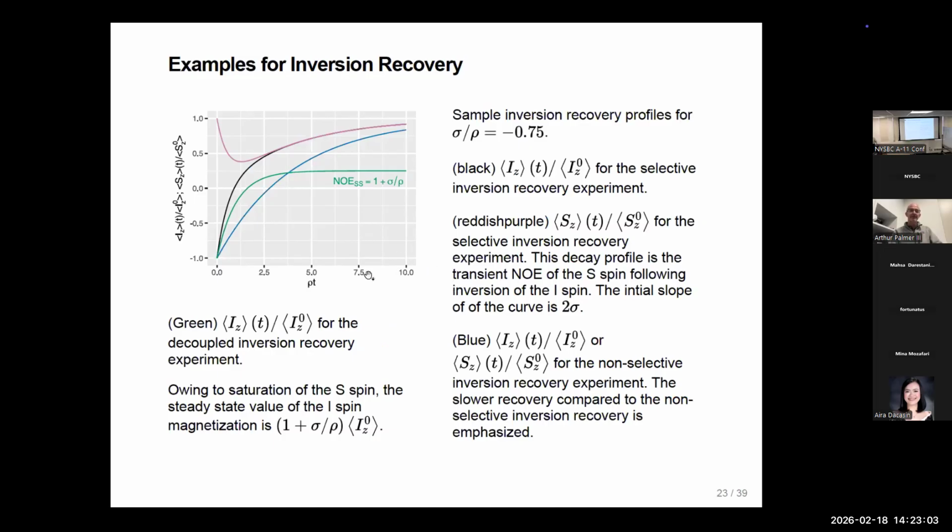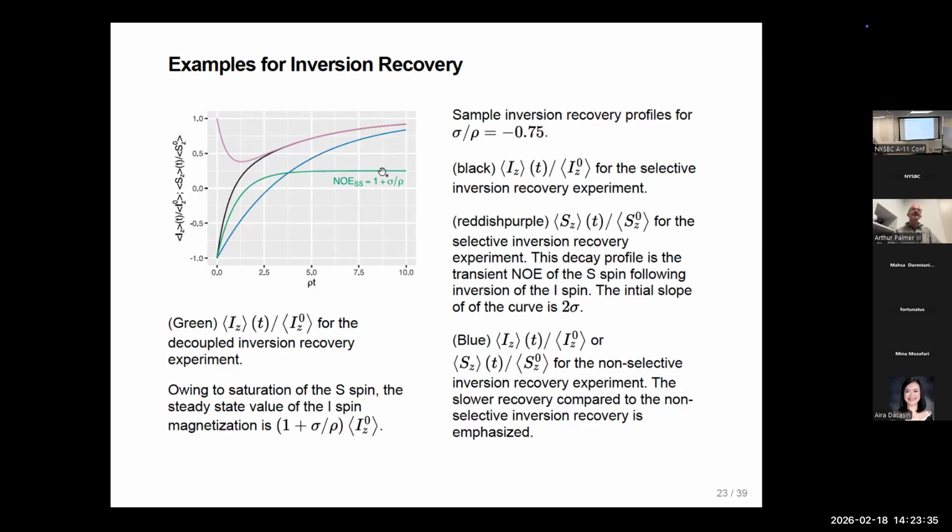Green, for example, is how we often measure T1s. We saturate the other spin, invert, say, the nitrogen, saturate the hydrogens, and then the math that I skipped over, that you could look at, would say that the recovery is single exponential.